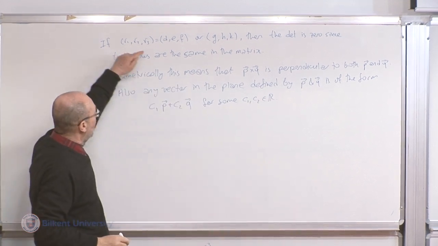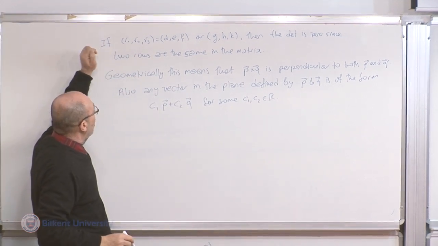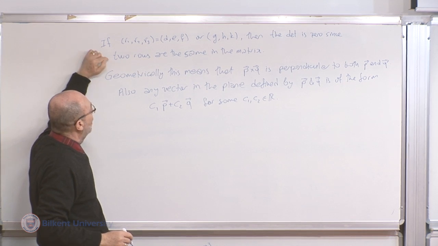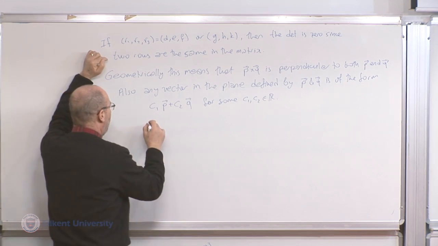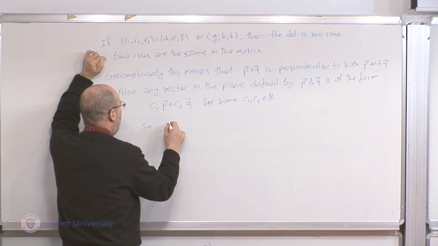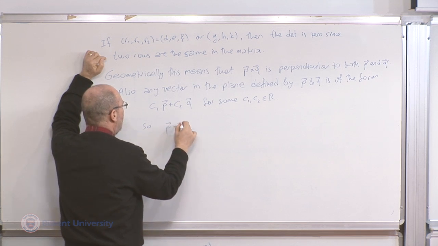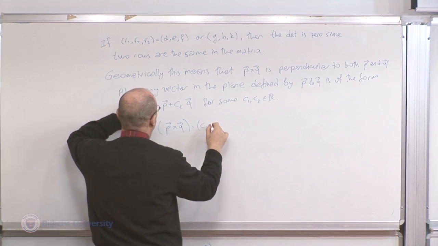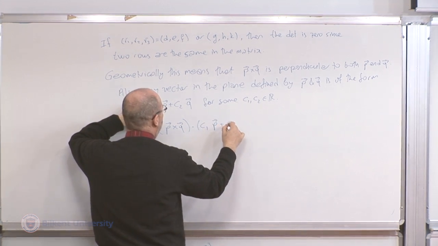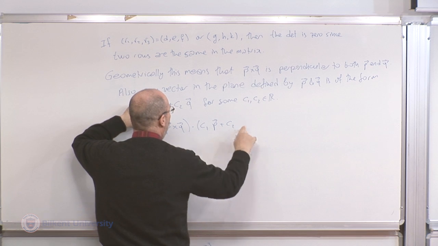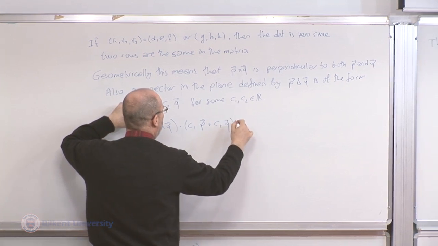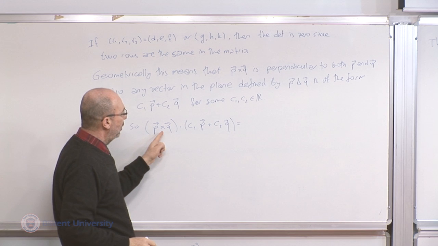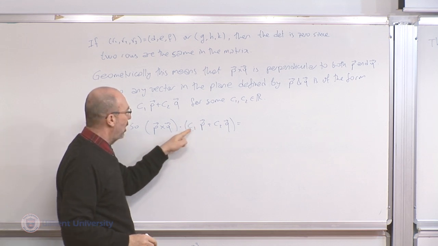So if I take P cross Q, so this is my vector, and I take the dot product of this with C1 P plus C2 Q, we know that the dot product distributes and constants come out.